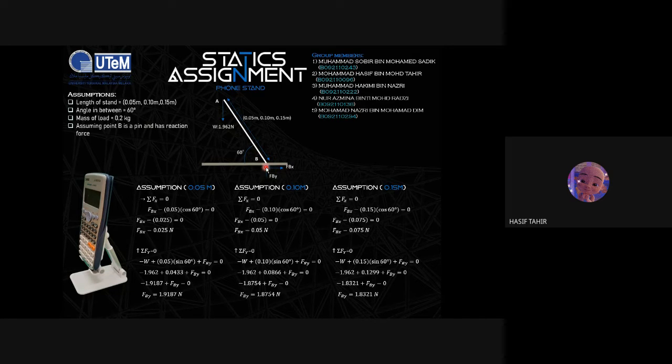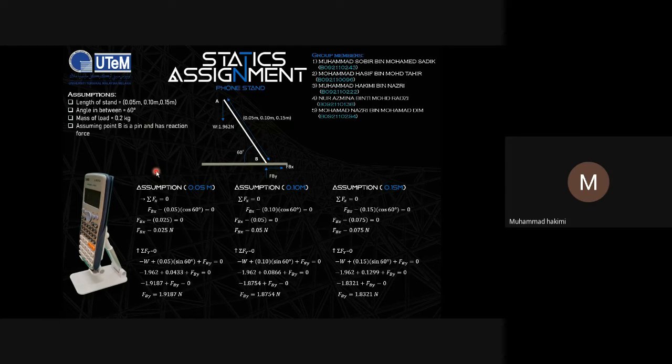For the length of stand, we manipulate the length to find the reaction force, where we assume the length of stand is 0.05 meter, 0.10 meter, and 0.15 meter. Okay, that's all for the explanation about the free body diagram. I would like to pass to my fellow friend, Hakimi.